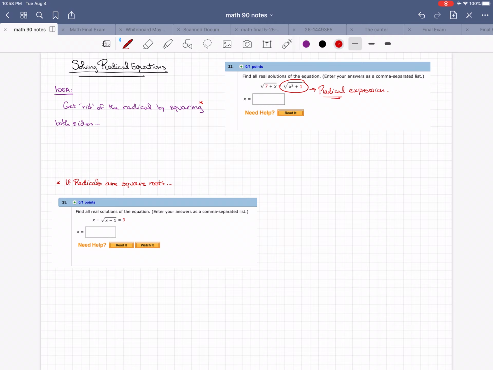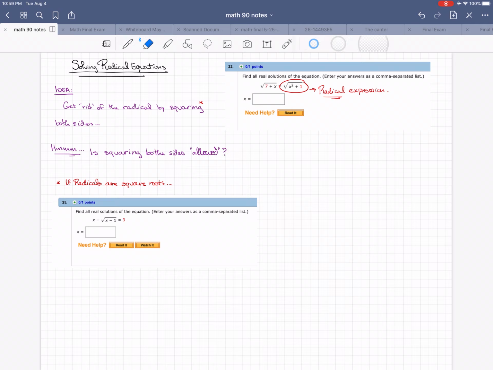Now, the next issue is: is squaring both sides allowed? What do I mean by that?